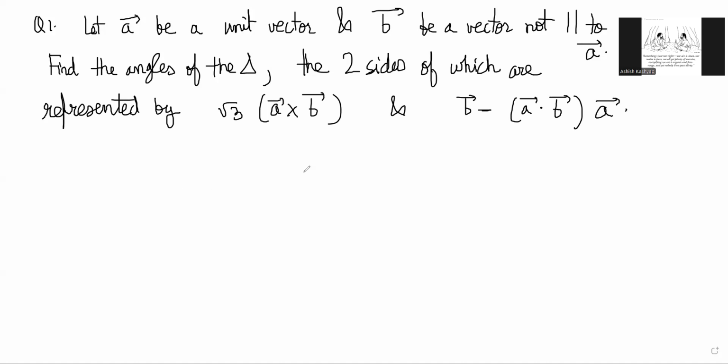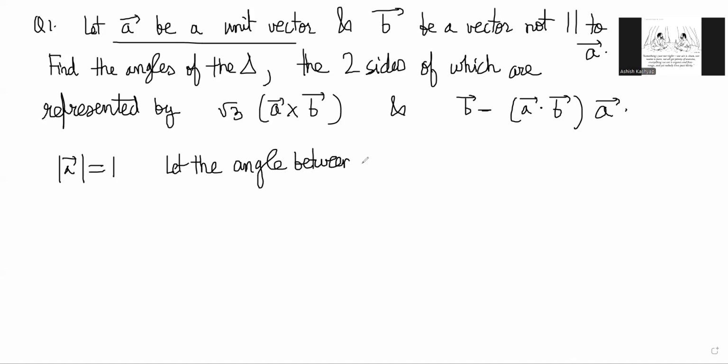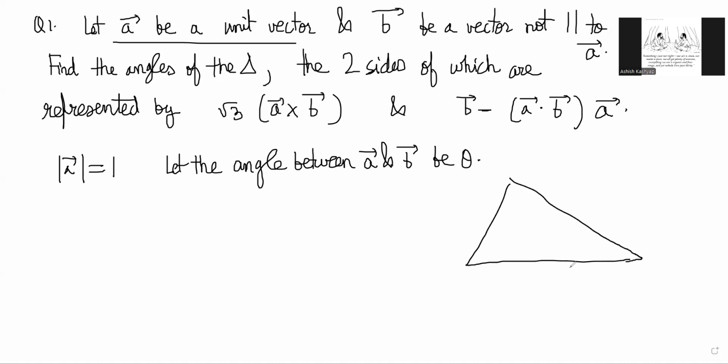Okay. So what we have is A is a unit vector, so mod of A is 1, and B is a vector which is not parallel to A, right? So let the angle between A and B be theta, right? So two sides of the triangle are being represented by these vectors.